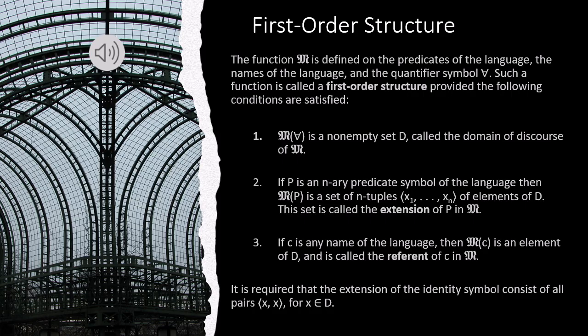Okay, so a first-order structure is actually a function. So that M is denoting a function. And the domain of the function turns out to be the predicates of the language, the universal quantifier from the language, and the names of the language, or basically the constant symbols in the language. Now, it's not included here that there are any function symbols in the language, but as I said with our previous slide, we can modify this definition if we'd like.